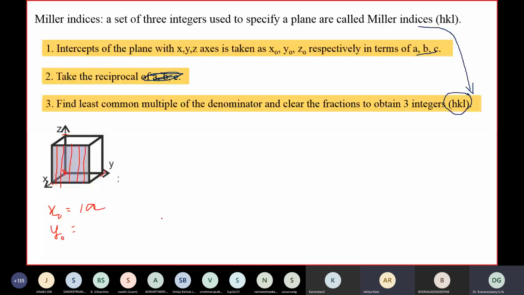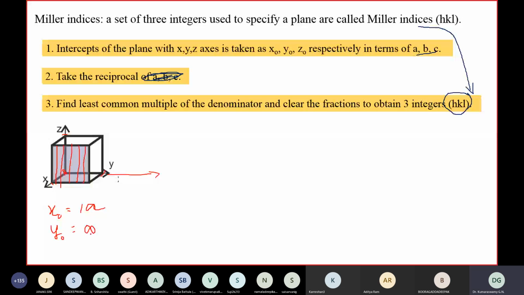Where does it intercept the y axis? Check properly, please. This is the direction of y. It does not intercept the y-axis, so it is not zero B. Zero B would mean it intercepts at the origin.